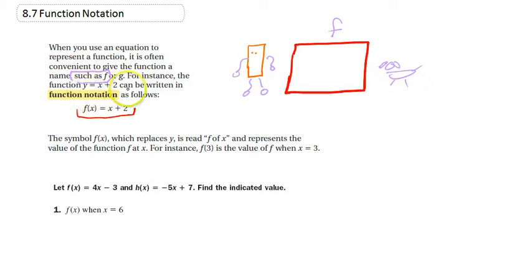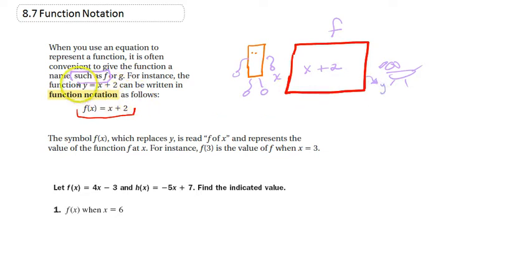And the function for f is x plus 2. So whenever rocket puts in a value of x, it's going to take that x, add 2, and dump out y.